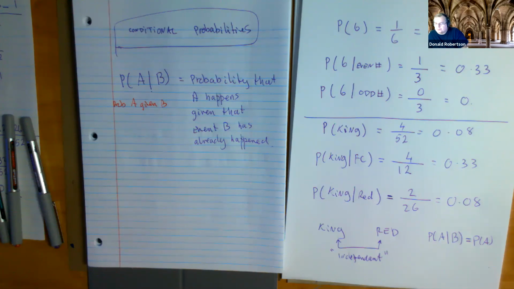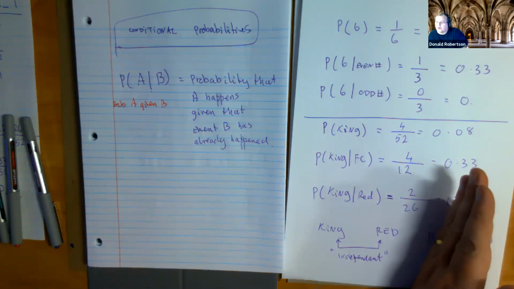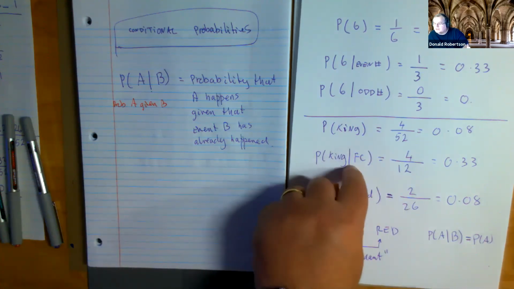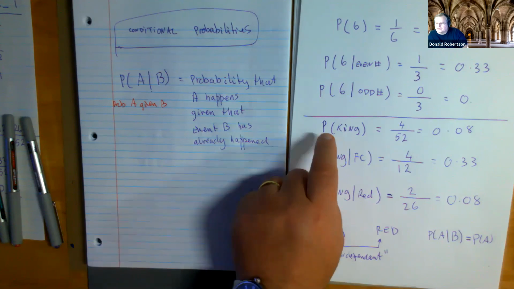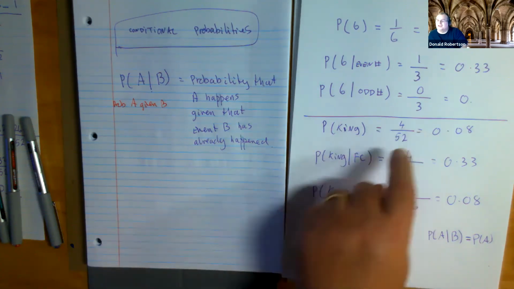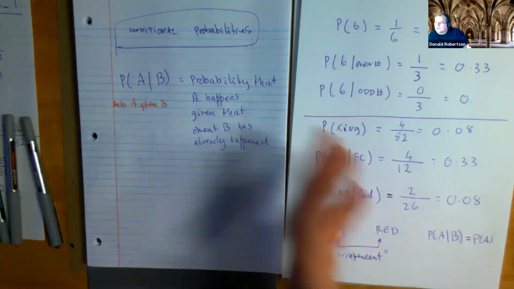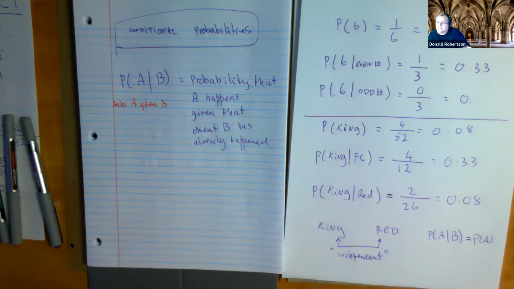For people who are morbidly obese, they're 20% more likely to get a heart attack than those people who are at the optimum weight level. Those kinds of things. Well, you say, where's those 20% coming from? They're coming from these kinds of calculations. What's the probability of a heart attack given you're obese? What's the probability you have a heart attack given you've got normal weight? One of them's 20% higher than the other, and that's where that data comes from. It's all empirical, right? You collect data on heart attack patients and what weights they are and things like that.